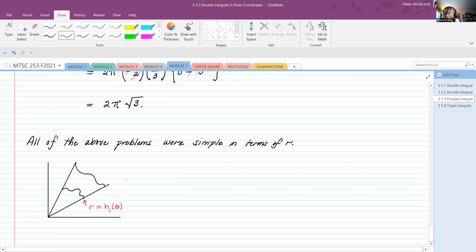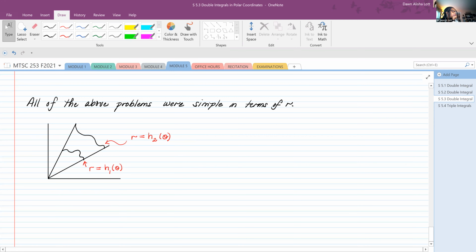And this is R equals H2 of theta. Okay, so now theta still goes between alpha and beta. But now R goes between H1 of theta and H2 of theta.